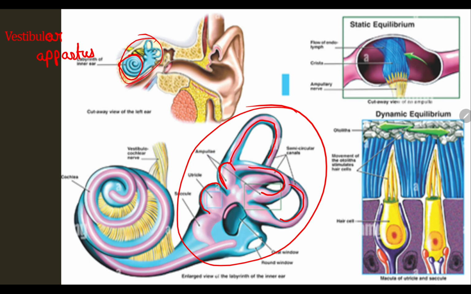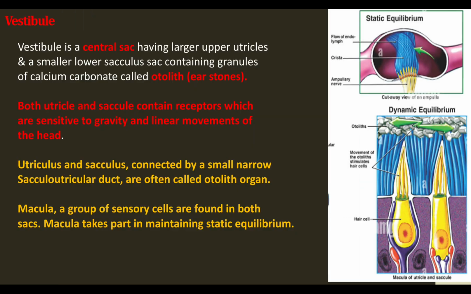These structures are called utricle and saccule. So utricle and saccule plus semicircular canal is called vestibular apparatus. Utricle and saccule together are called vestibule, and then they have semicircular canals in this vestibular apparatus. They are super important for balancing the body.